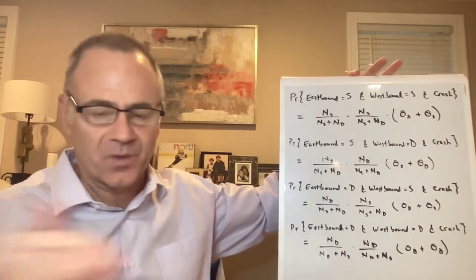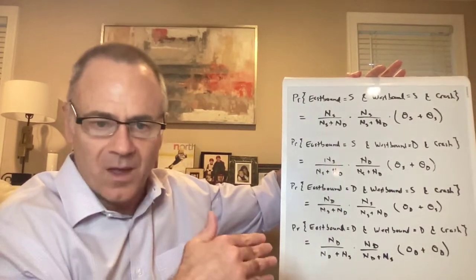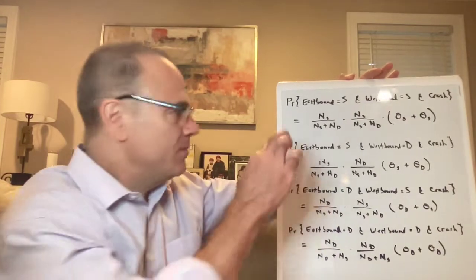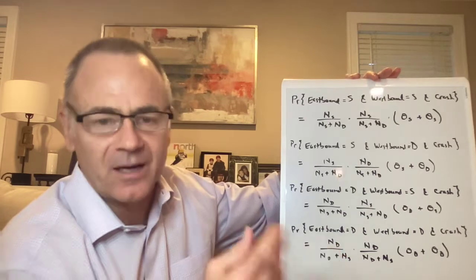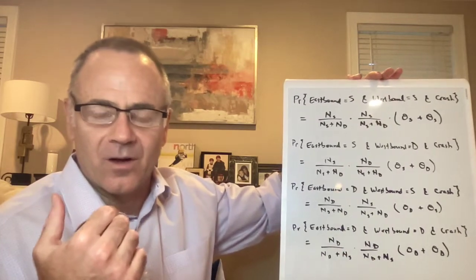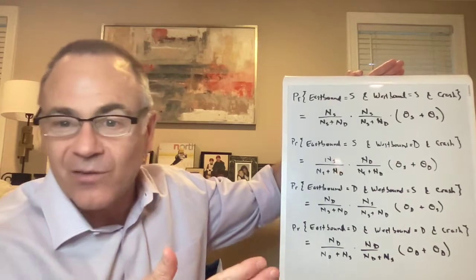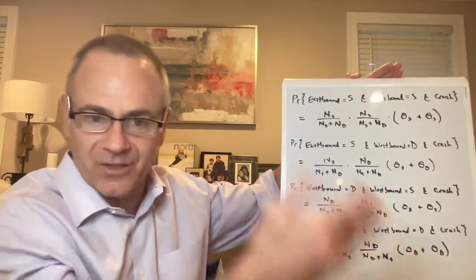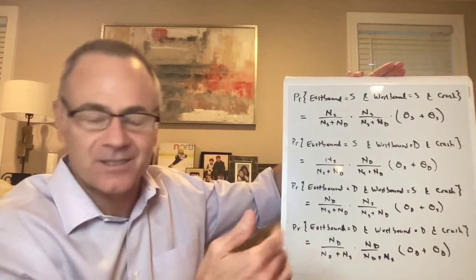Here's a quick review. We had a bunch of these terms. It's useful to calculate all the different ways there can be a crash. One way a crash can occur is if both drivers were sober and there's a crash. Another way, both drivers were drunk and there's a crash.